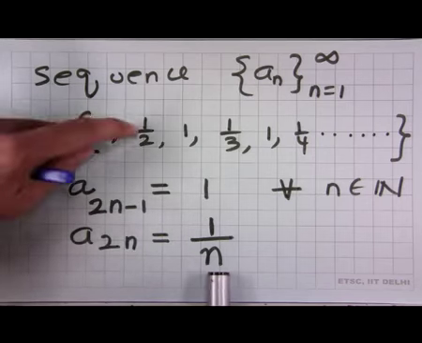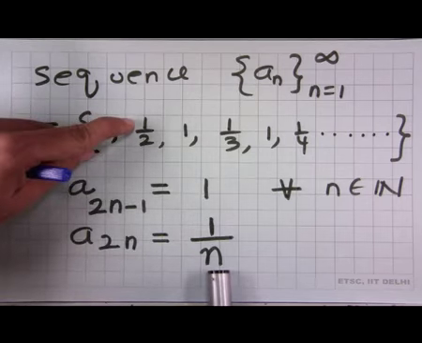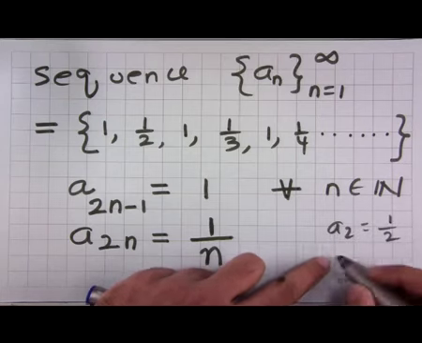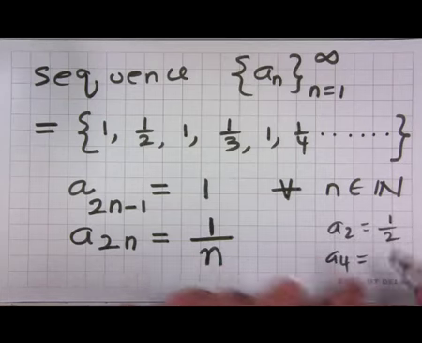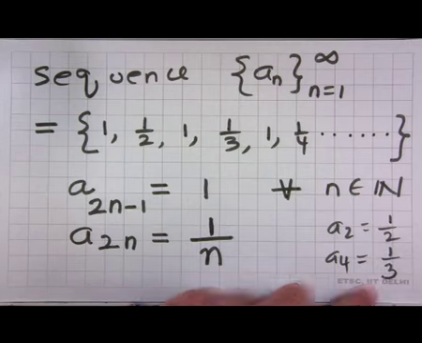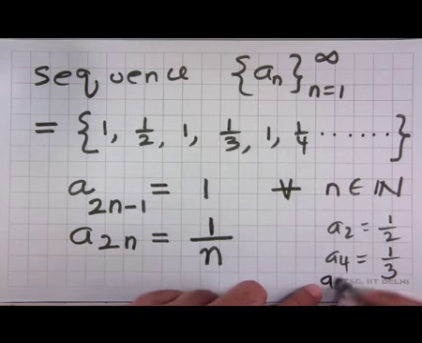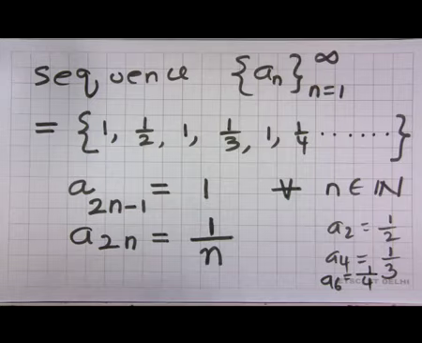The second term a_2 is 1/2, the fourth term a_4 is 1/3, and the sixth term a_6 is 1/4, and so on.